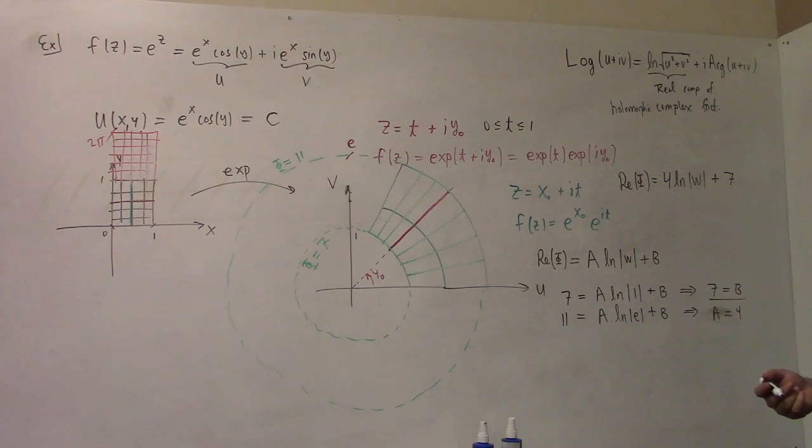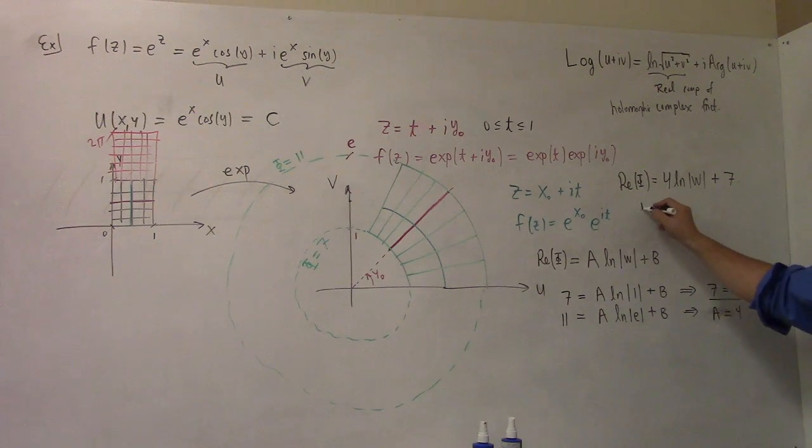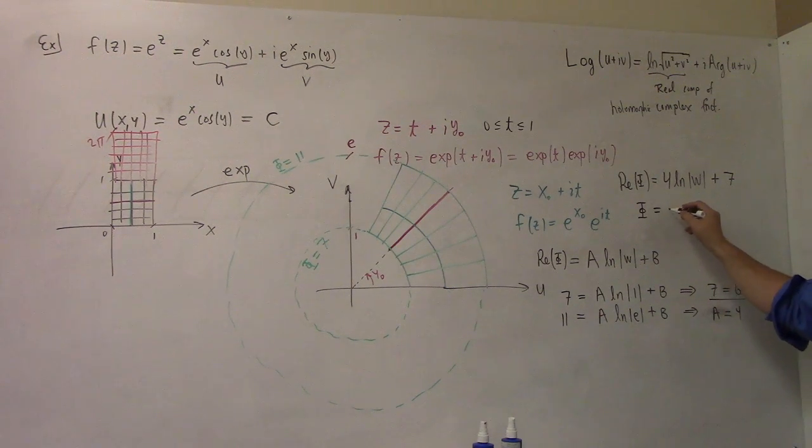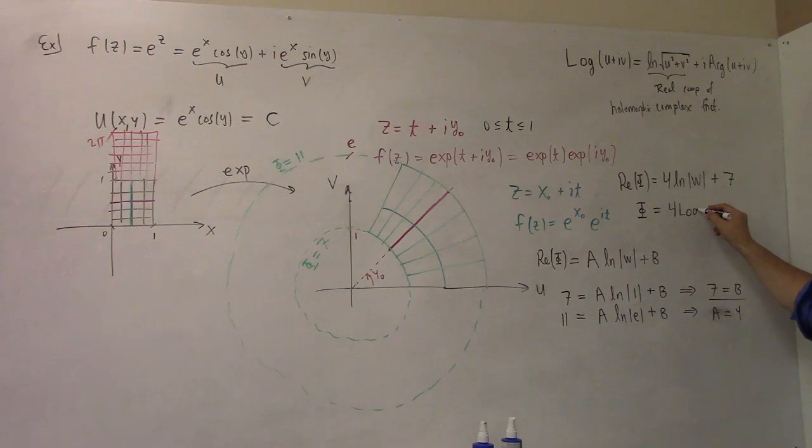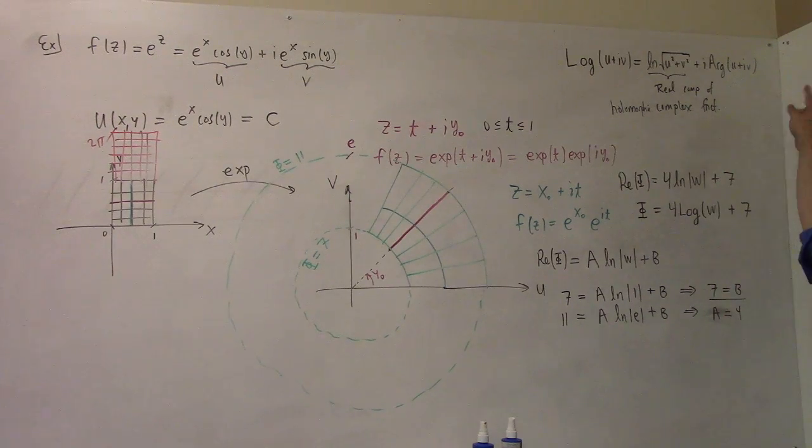So our phi would be like 4 times the log of w, and I guess just plus 7. If you do that, this has the real part of that. There's also an imaginary piece that we don't really care much about.